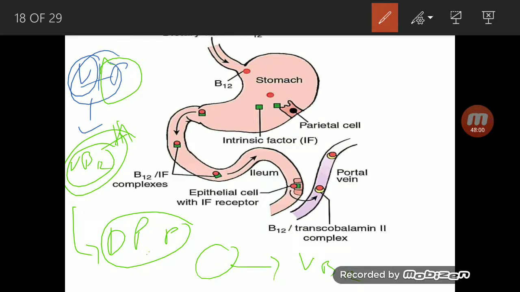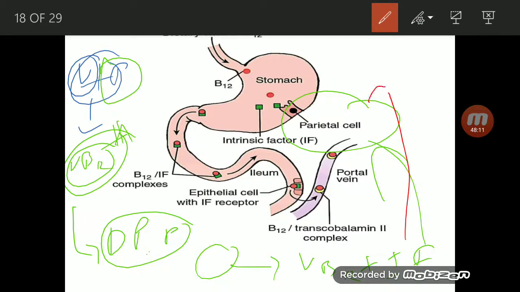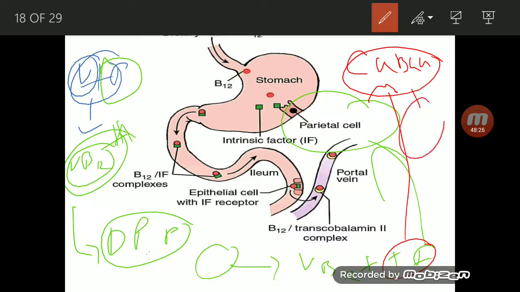To this vitamin B12 comes and binds your intrinsic factor, which is produced by your parietal cell. This complex goes and binds to the tubulin receptor, which is your receptor for intrinsic factor, and then vitamin B12 enters into your cell in your ileum.